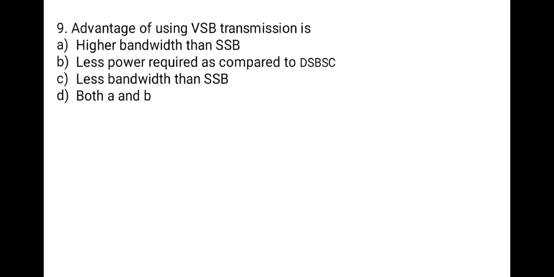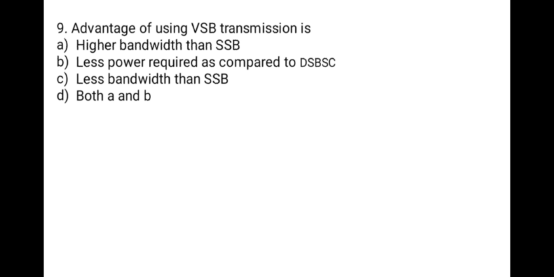Next question, the advantages of using VSB transmission are. First option, higher bandwidth than SSB is right, because in SSB only a single sideband is transmitted, but in VSB one sideband is completely transmitted and some part of the second sideband is transmitted.